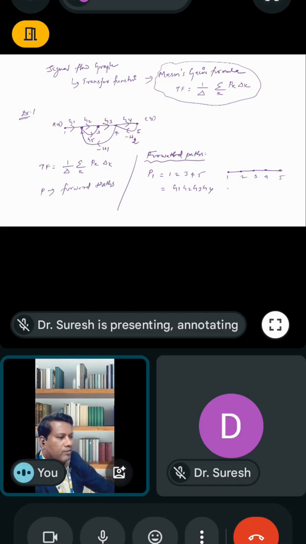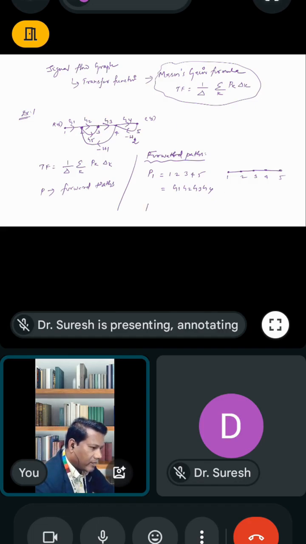In graphical form it consists of nodes 1, 2, 3, 4, 5. The second path goes 1, 2, then 3, taking another direction, then 3, 4 and 5.